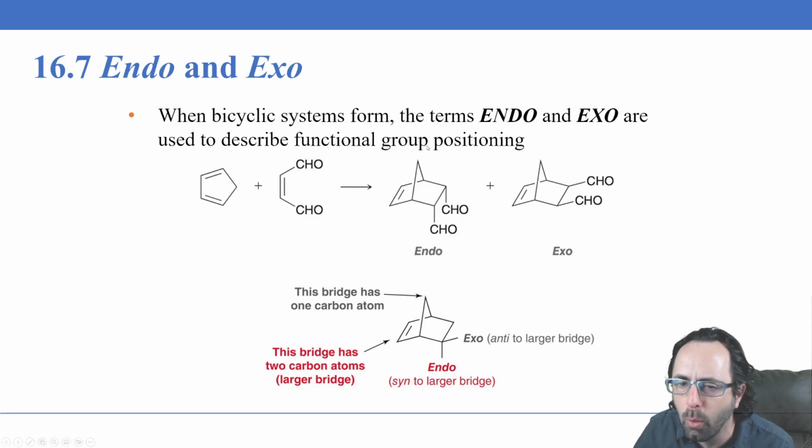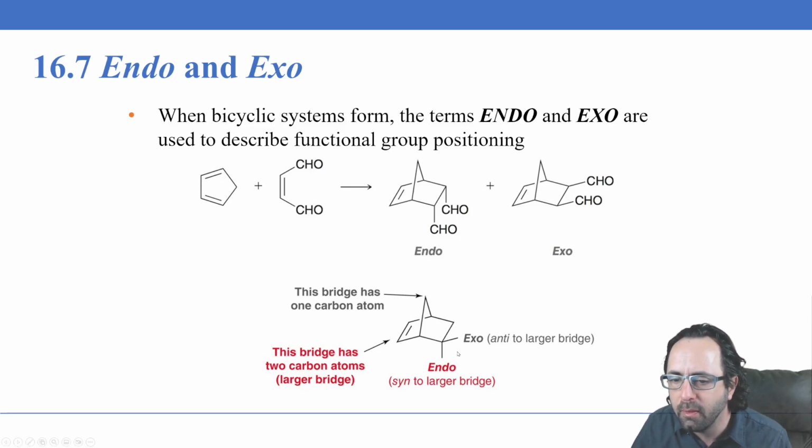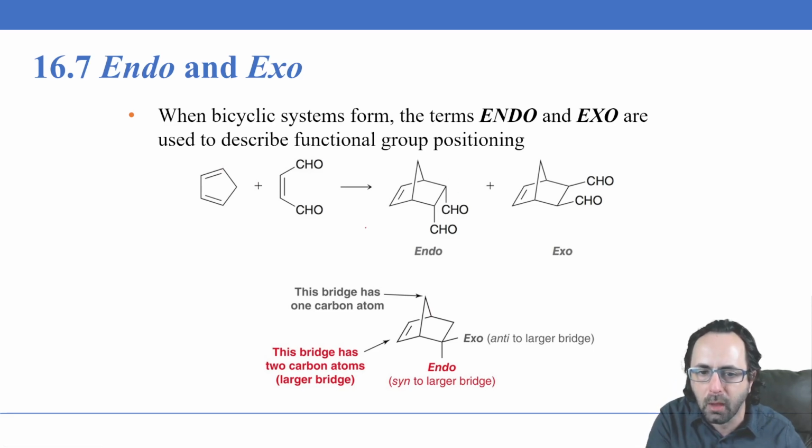So when we use these terms, you notice that when we had these rings undergoing the Diels-Alder reaction, we always end up with bicyclic products. And so in terms of where these are positioned, we look where the bridge is formed. So the bridge is formed out of these guys right here. Bridge is formed right here.